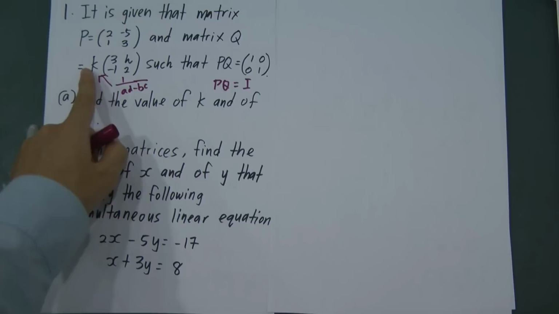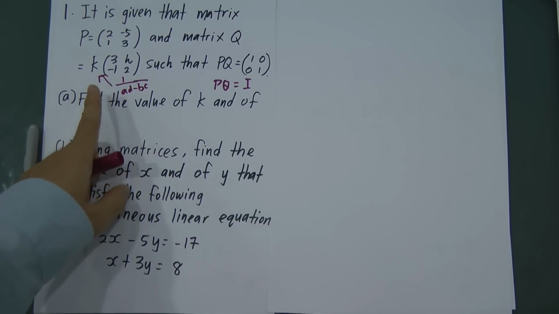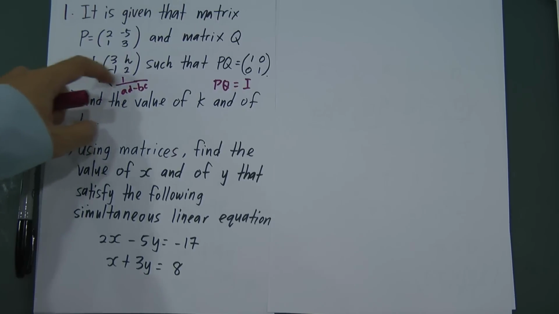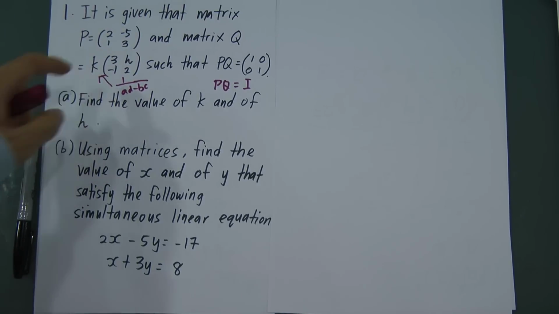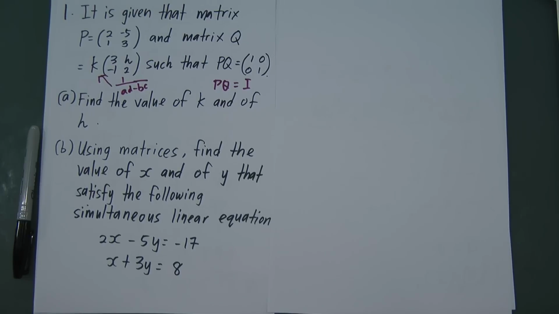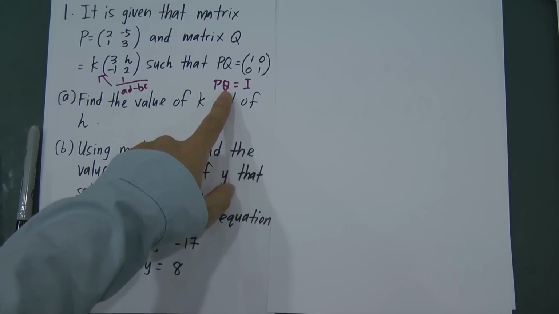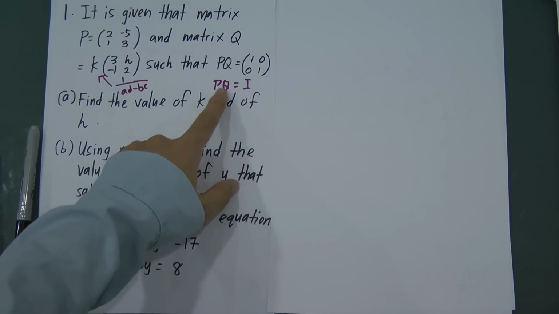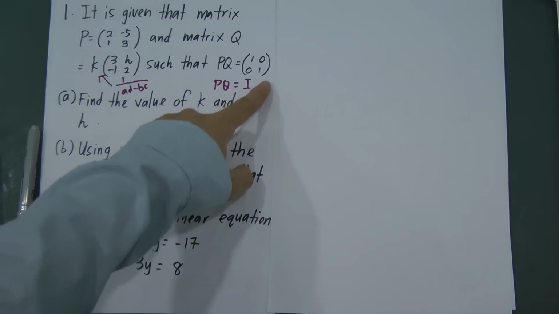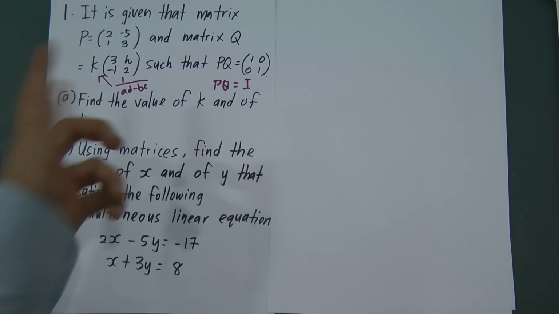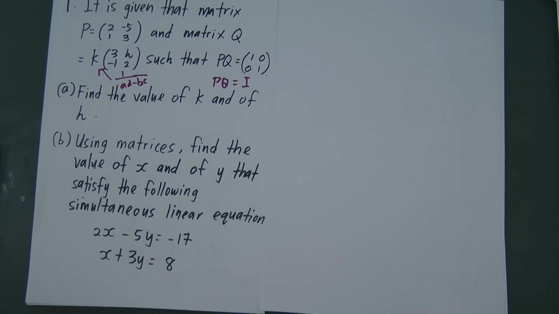So if you can understand that this one is actually the inverse form, then you can easily solve this question. That means I have to do the inverse of P, because P multiply Q equals to I. I say whenever you see this, it means one of them is the inverse. Then I'm going to do something like this.